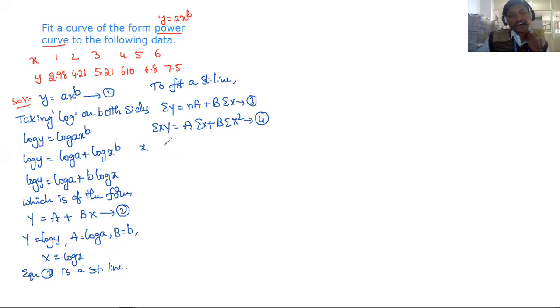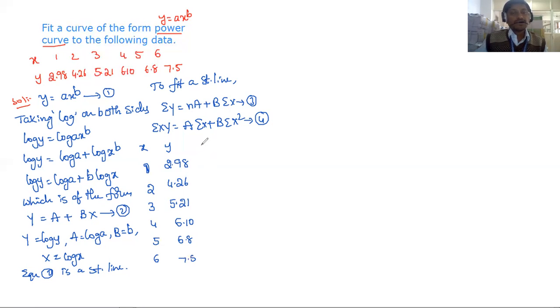So first we take the values given in the problem, small x and small y. That is 1, 2, 3, 4, 5 and 6. And y values we choose 2.98, 4.26, 5.21, 6.10, 6.8 and 7.5.